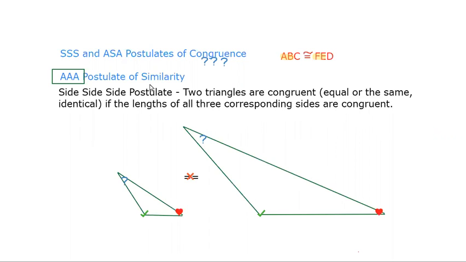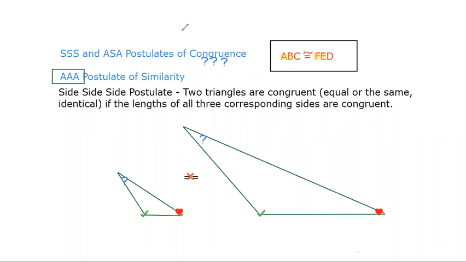They are definitely similar. All right, so it's important the order in which you name a triangle. This is important. The congruency statement is what that is. When you're given a congruency statement, from that statement, I already know more than three things.